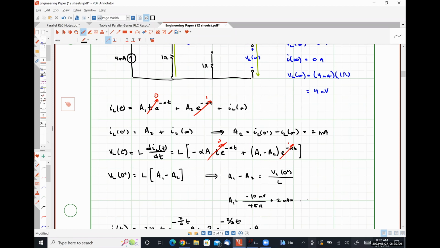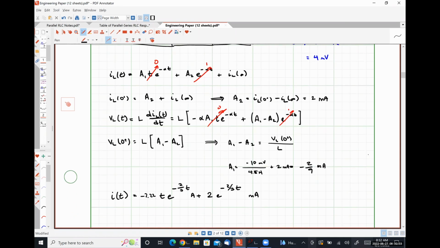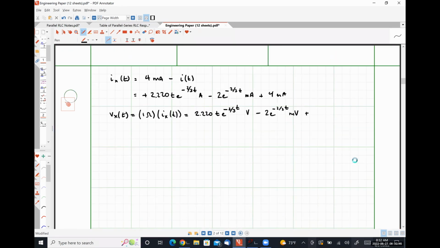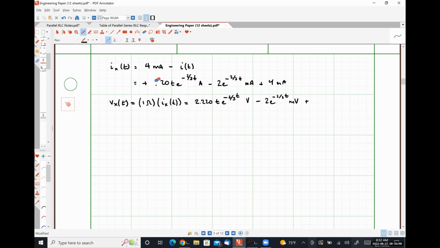So this is going to be -2/9 of a milliamp. Okay. So -2/9. Both of these are in milliamps. All right, there's going to be milliamp per second. These are in milliamps.